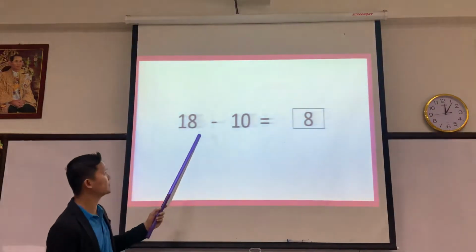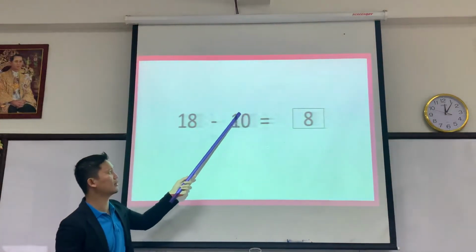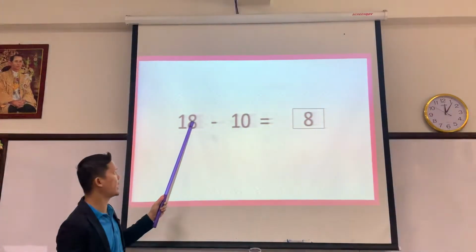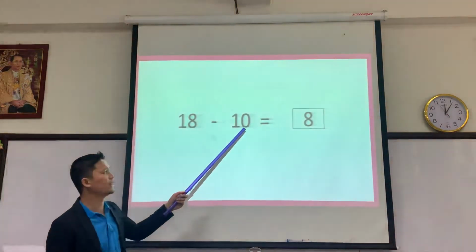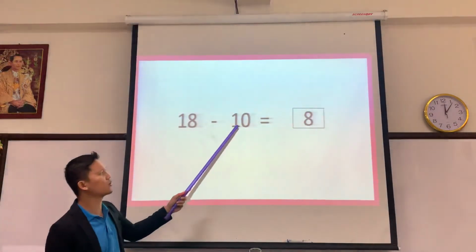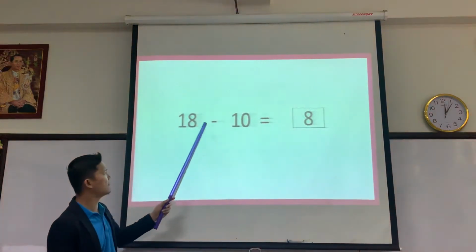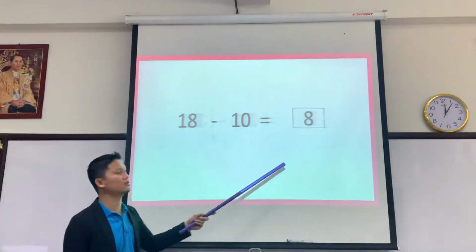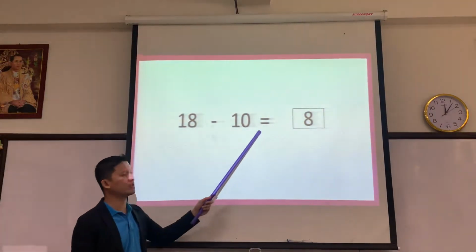We go to the ones place: 8 minus 0 is 8, so we write 8 here. Then 1 minus 1 is 0, which is exempted. So 18 minus 10 equals 8.